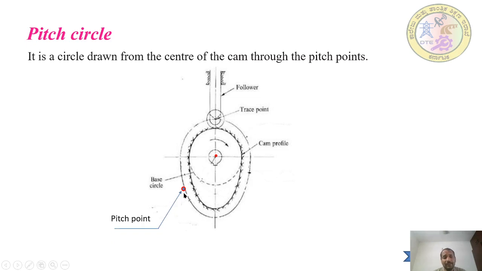We know the pitch point is the point on the pitch curve having maximum pressure angle. Take the distance between cam center and the pitch point as the radius. Draw the circle from the center of the cam, and this circle is called the pitch circle. So pitch circle is drawn from the center of the cam through the pitch point.